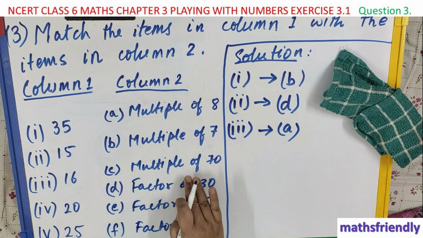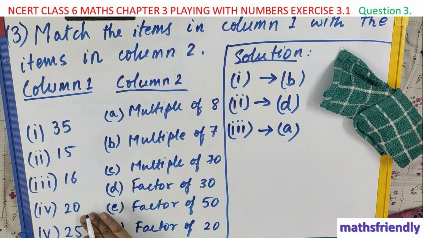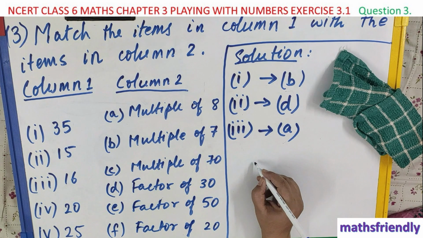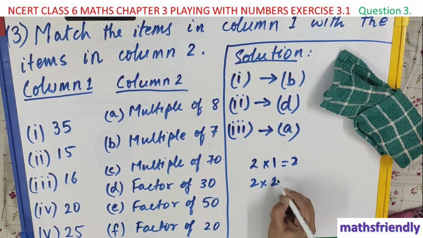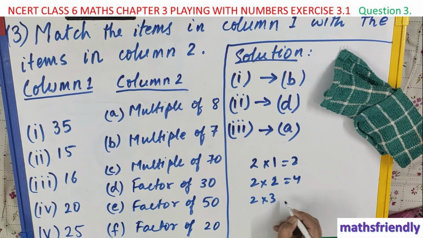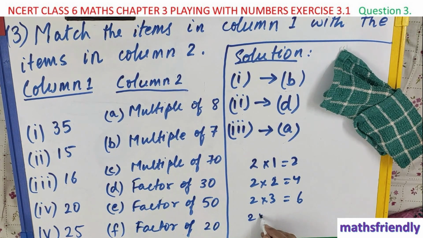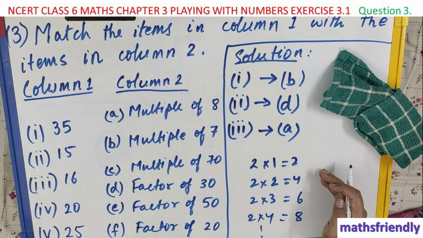20, multiple of 70. No, 20 is not a multiple of 70 because the multiples are always greater than the number. See, what are the multiples of 2? The multiples of 2 are: 2 ones are 2, 2 twos are 4, 2 threes are 6. I am taking a small example so that you can understand it. 2 fours are 8. So these all and many others, this list will be endless. There can be many multiples of 2.